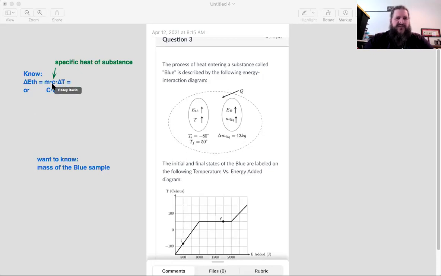So mass times specific heat of the substance times delta temperature equals, and can we see from the graph how much energy transfer this is? If we look at just the thermal energy portion, we're going from initial to the phase change temperature.